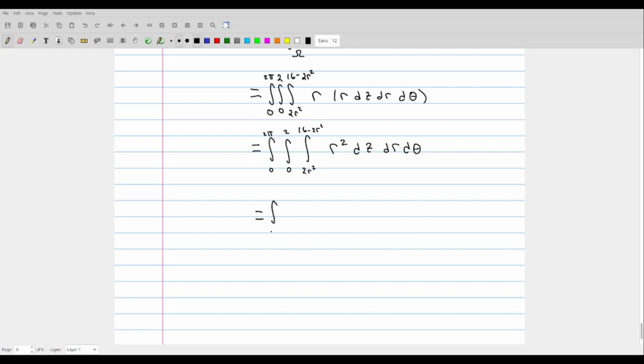This is the integral from 0 to 2 pi of the integral from 0 to 2 of r squared, because r doesn't depend on z. The integral of 1 dz is just z. This is from 2r squared to 16 minus 2r squared.